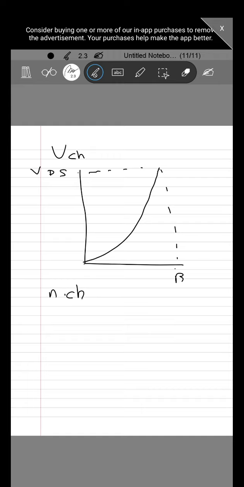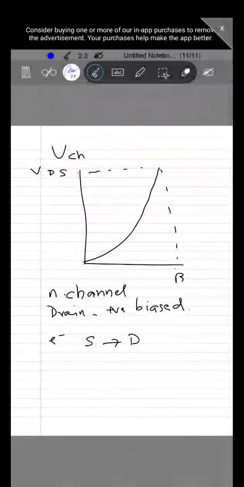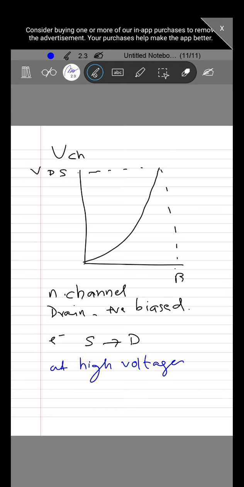For an N channel, the drain is positively biased, and the electron flows from source to drain, and at high voltages the saturation occurs at the drain side, and that is called the pinch off.